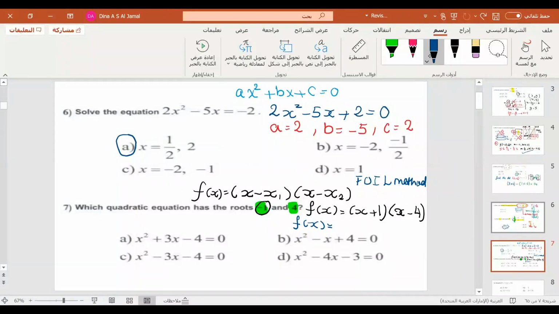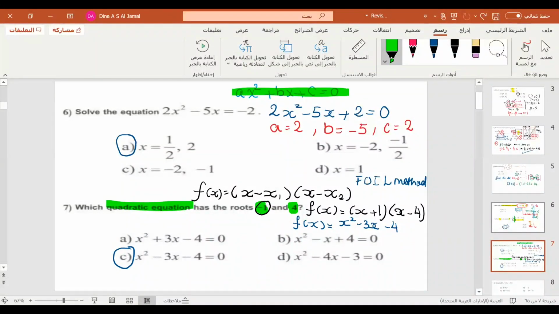It must be x squared minus 3x minus 4. And it will be your C. And to write it in the quadratic equation, you have to put it in this form, ax squared plus bx plus c equal to 0. So you have to remove your f of x and equate it to 0.